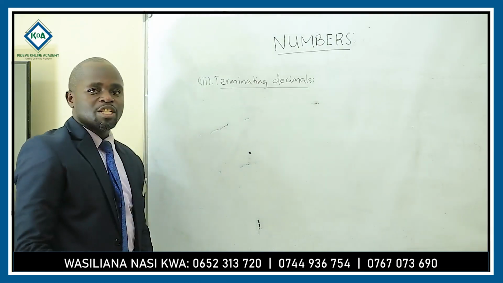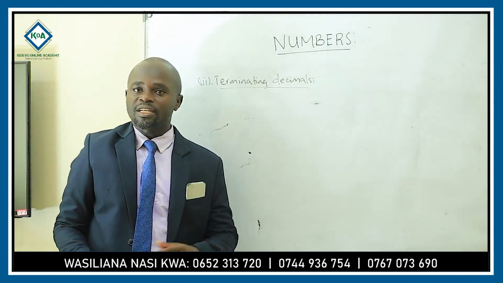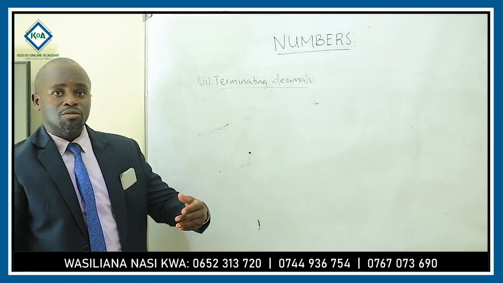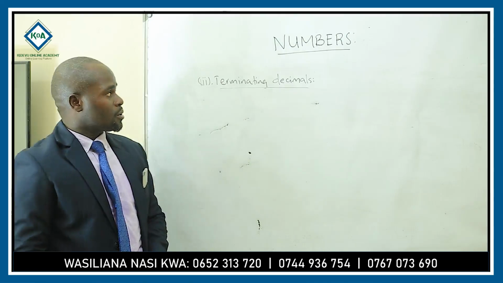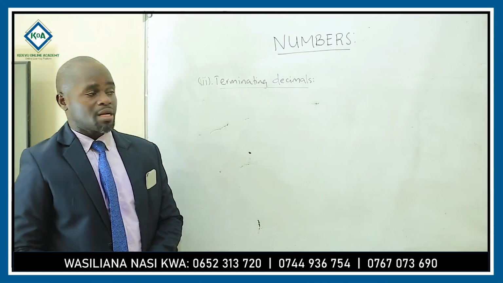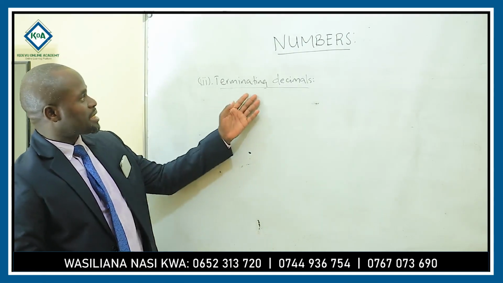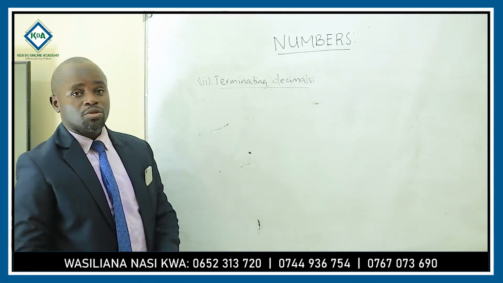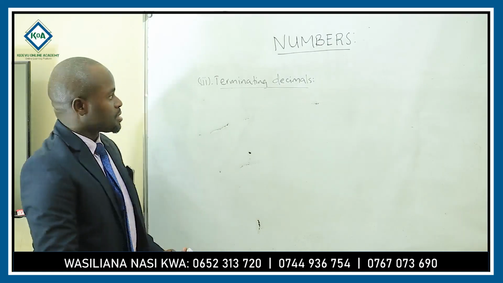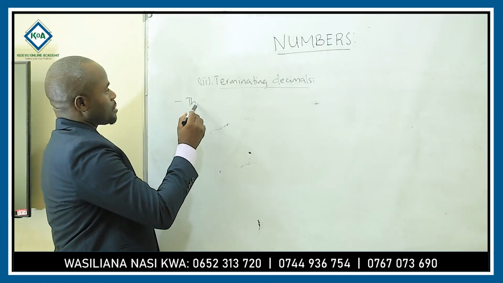What are these? These are all decimals which have an end. It means they will not continue up to infinity. You know, these decimals, we have two categories. There are those which don't have an end. So if you talk about terminating decimals, it means these are decimals which have an end.